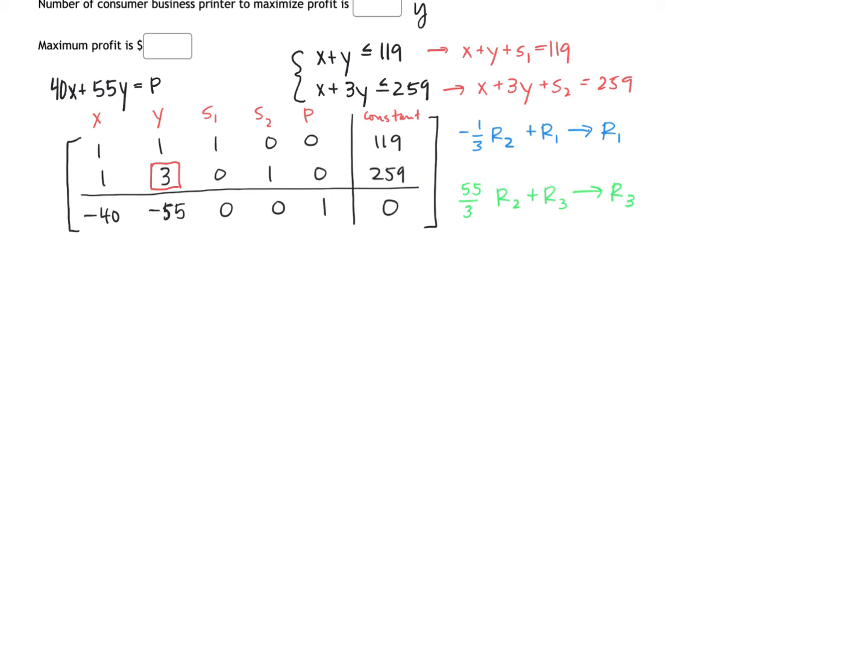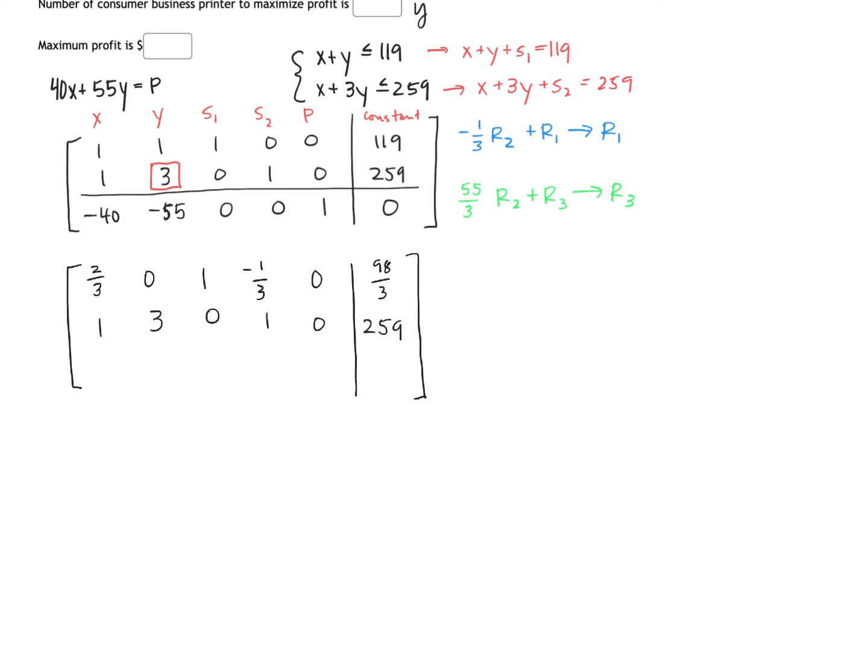So once you do that, you are going to get for row 1: 2/3, 0, 1, negative 1/3, 0, and 98/3. Row 2 remains the same.